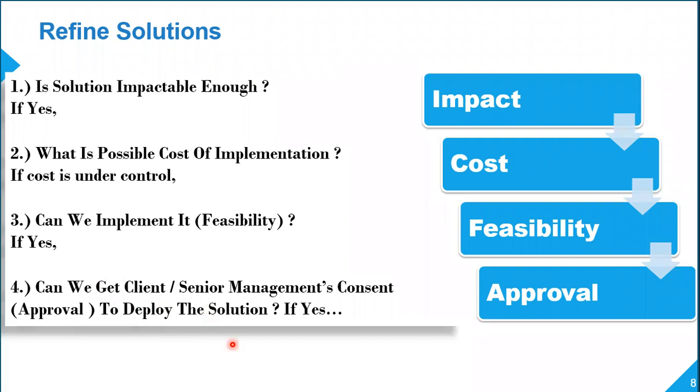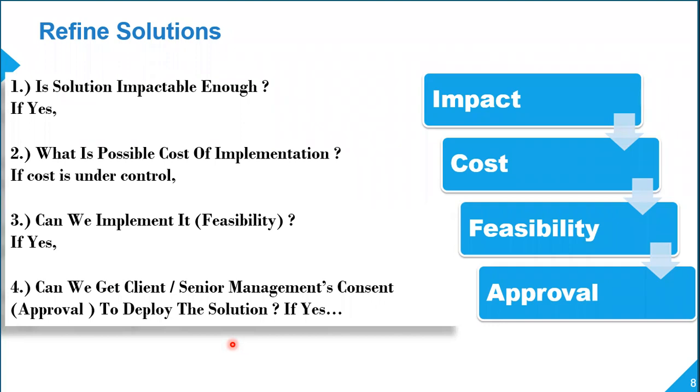If this is the client's process, take the example of an IT company, you're working on a client process, and if you want to make changes, you have to take approval from the client, because it's the client's product, the client's process. If the client is not allowing you, you cannot do it, because the client has outsourced the process to you. Without the client's permission, you cannot make changes.